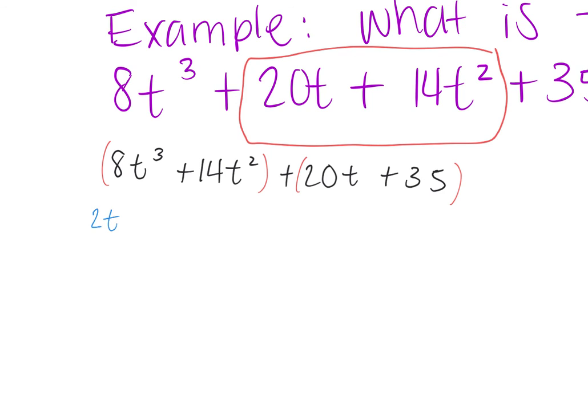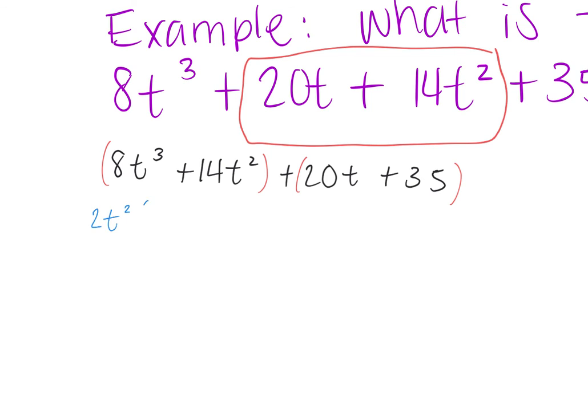No, 2t squared. Ah, 2t squared, okay? It's 2t squared because this is cubed, so we can pull out t squared, and this is squared, so we can also pull out t squared here. If it was just t, we could not pull out t squared. You have to go by the smallest exponent.